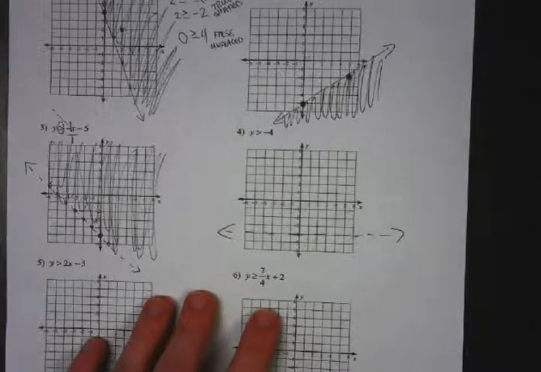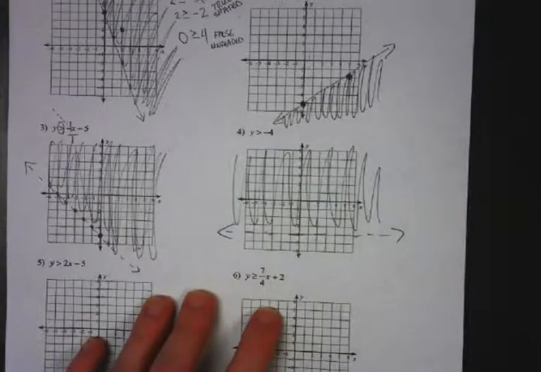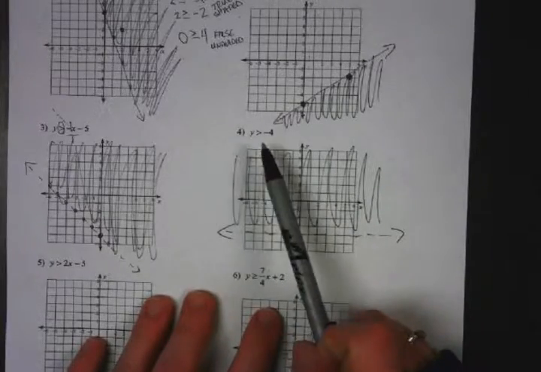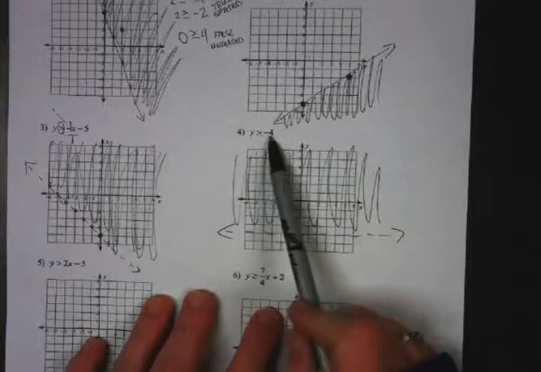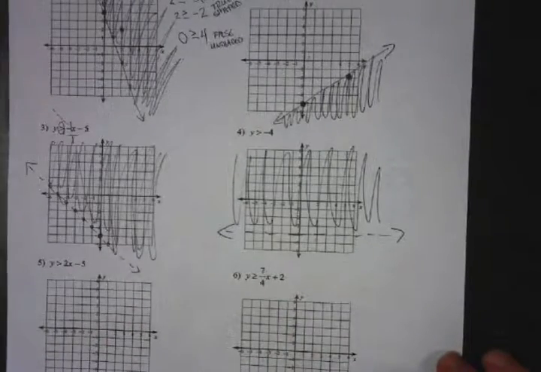Where should we shade? Above it, as y is greater. So what should the origin tell us? The origin should be true, right? We only can plug in for y. Is 0 greater than -4? Yes. Good.